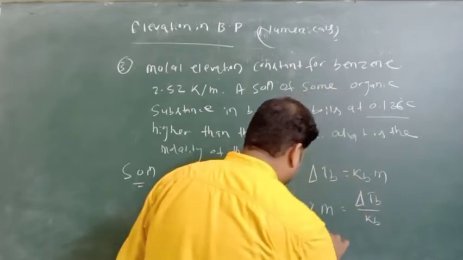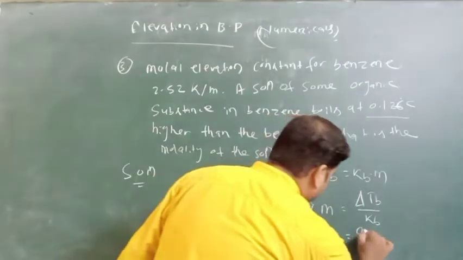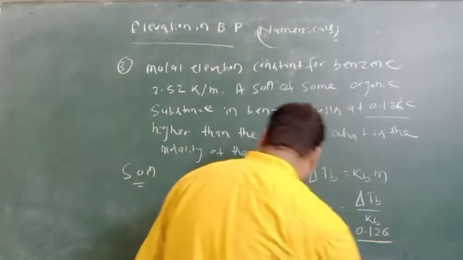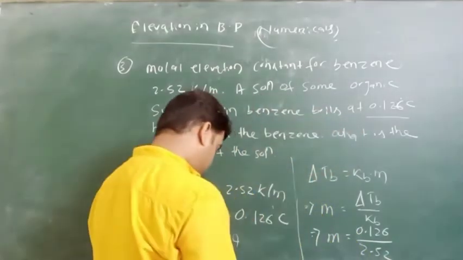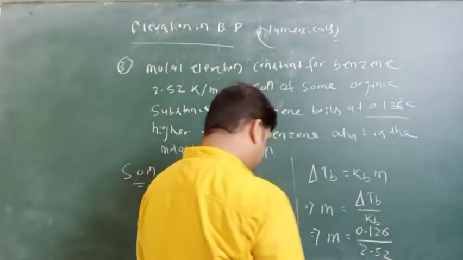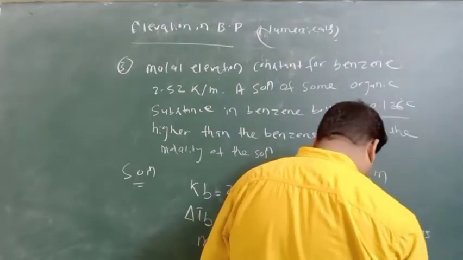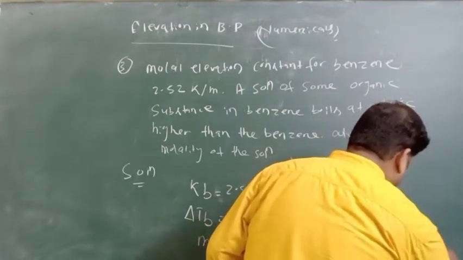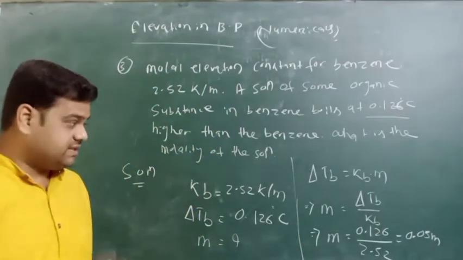That implies m equals 0.126 divided by 2.52, and the answer will be 0.05 m.